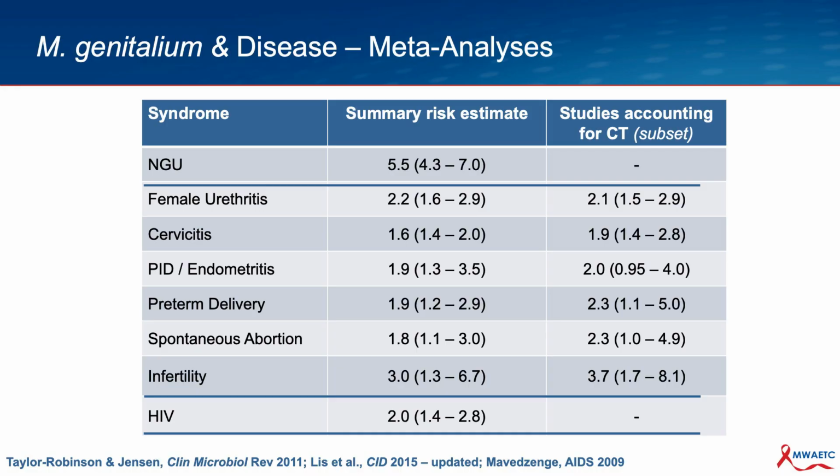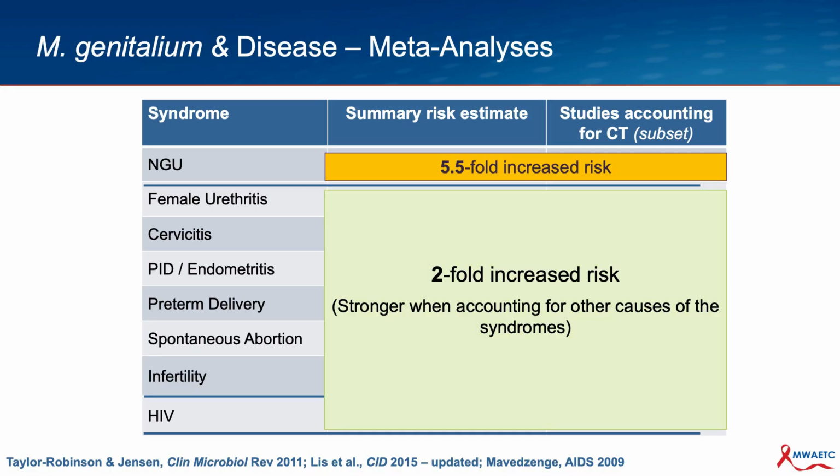However, screening is not recommended in these groups due to lack of evidence as well as lack of treatment options. So here you can sort of see a summary risk increase with these syndromes in women as all pooled data together, and an even higher risk increase in people with MGU.